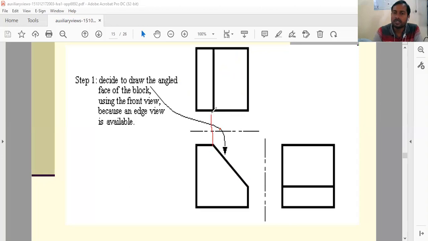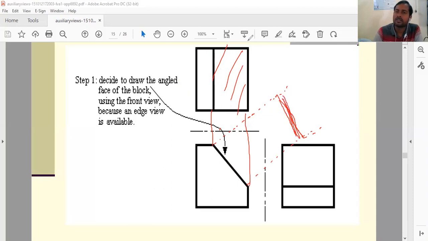So now this is the portion where we need to draw the auxiliary view. For this, you need to extend the line like this. Where you are comfortable, there you should draw a line parallel to the inclined portion. I want to take a big one so that you can understand better.